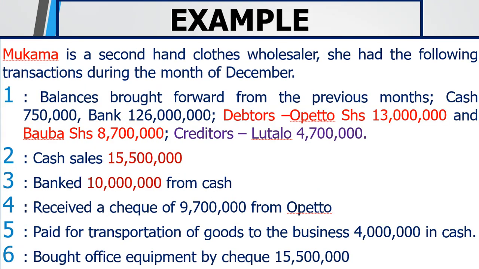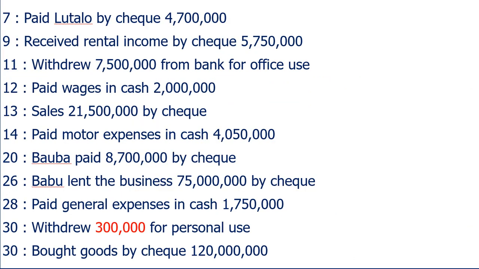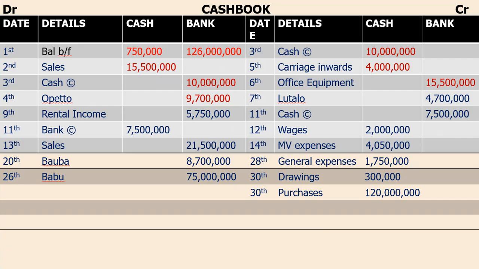Then another transaction happened on the 7th. Paid Rutaro by check 4.7 million. Now, we are paying by check. Rutaro is here, the 7th, the figure is here. We are crediting the bank because we are paying Rutaro by check.